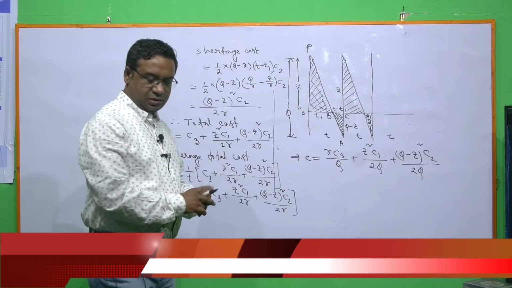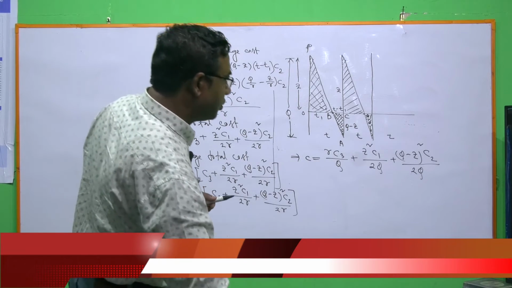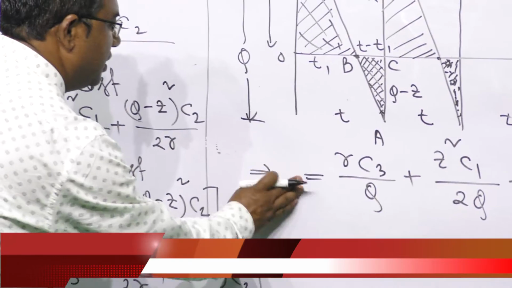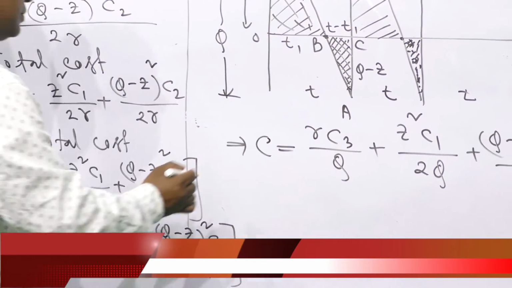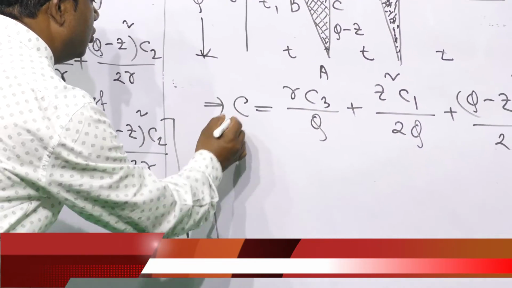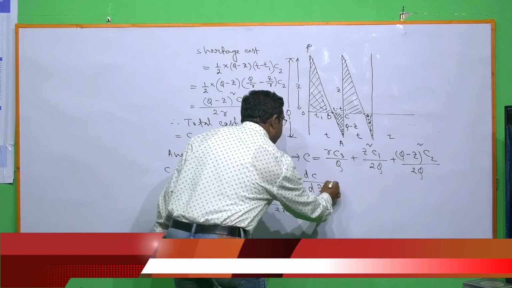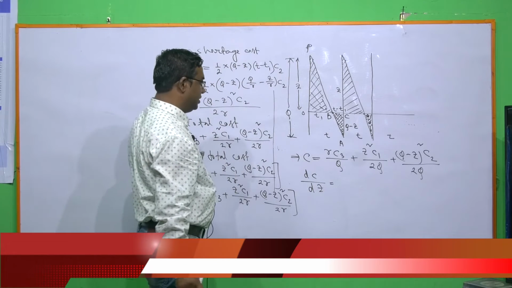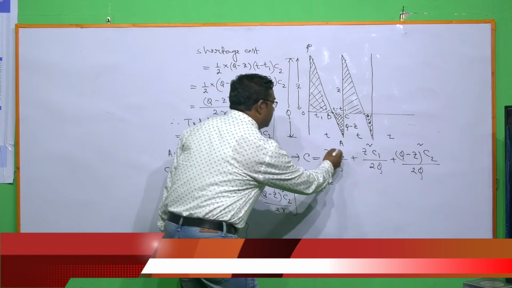This is the total cost, and we want the minimum value of C. For this, first you find dC by dz. C is a function of Z. The derivative of this term is 0.